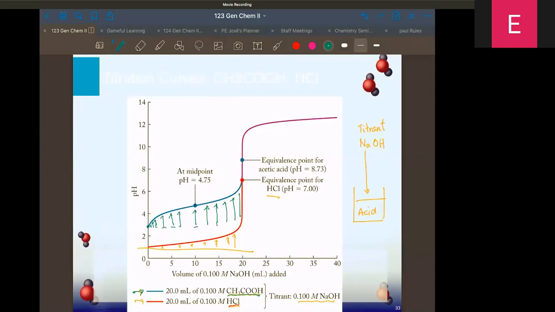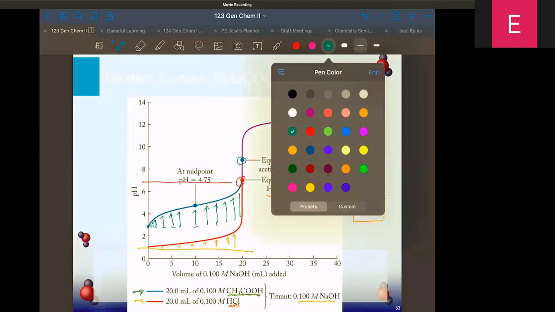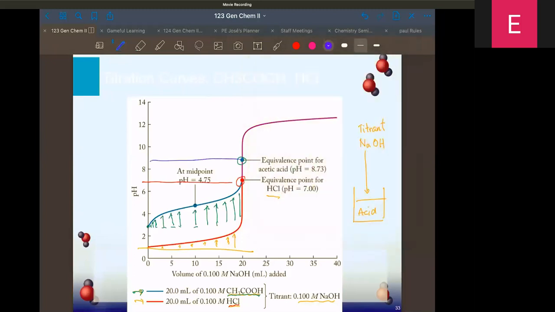The equivalence point for this reaction is here. The equivalence point for the HCl is here. This corresponds to exactly 7, the middle. The one for the acetic acid, let me switch to blue, corresponds to 8.73, which is actually given here.